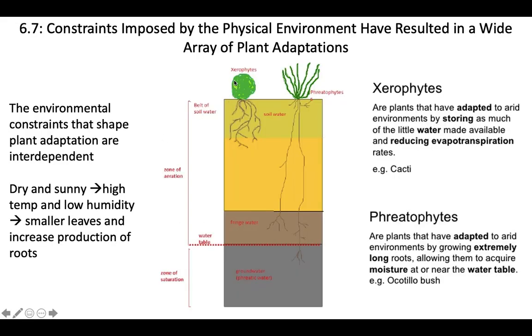So, the physical environment and the climate that is encountered in different physical environments has played a huge role in shaping plant adaptations. These are just some desert adaptations that I think are really cool and we're going to talk about.